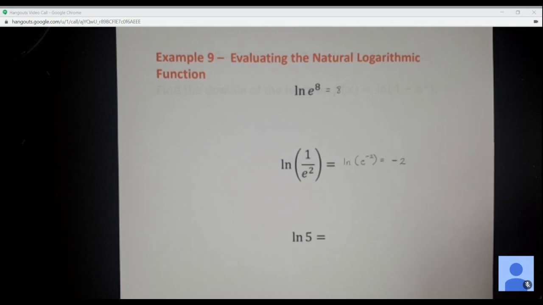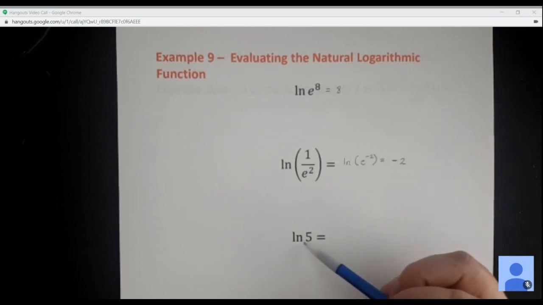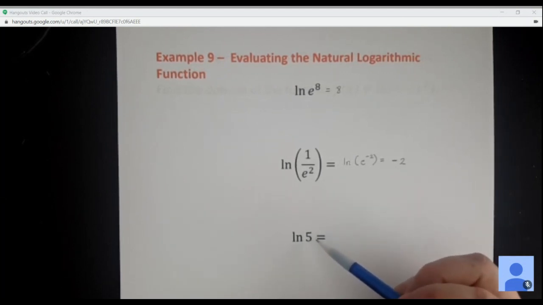Okay, good. Your silence is a good thing because no, we cannot. So there is no way to use the properties from the last slide to solve this because I can't figure out what e to some power is going to give me 5.